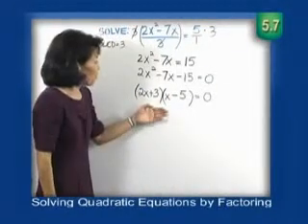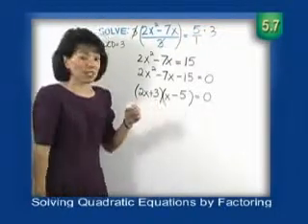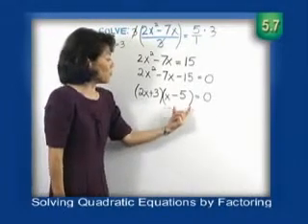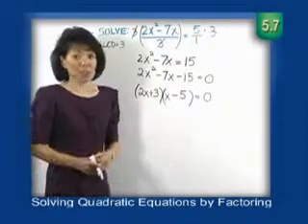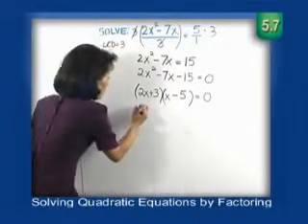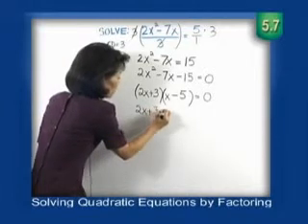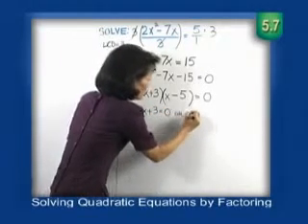Okay, so now we're here and we're ready to apply the zero factor property. And that is, again, I have two numbers that multiply together to give me 0. Either this one or this one better be 0. So let's write that down. Either 2x plus 3 equals 0, or we have x minus 5 equal to 0.